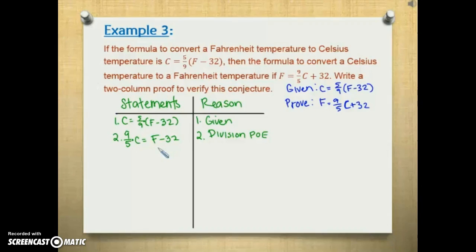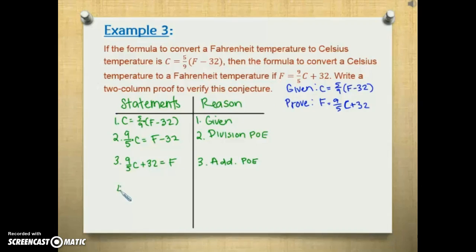From here, I can go ahead and add 32 to both sides, and I'll get 9/5 C plus 32 is equal to F. The reason I'm allowed to do that is because of the addition property of equality, which says if I add the same term to both sides, then the equations are still equal. Now one more thing, notice the F is on the right side here, but it's on the left side in what we want.